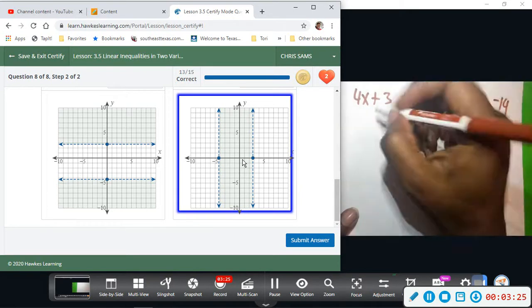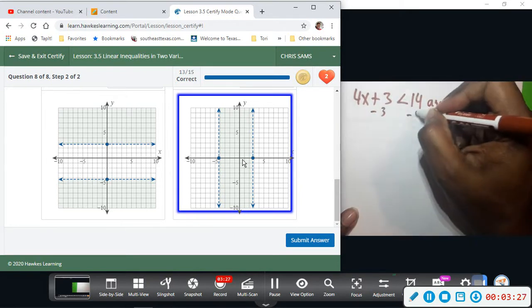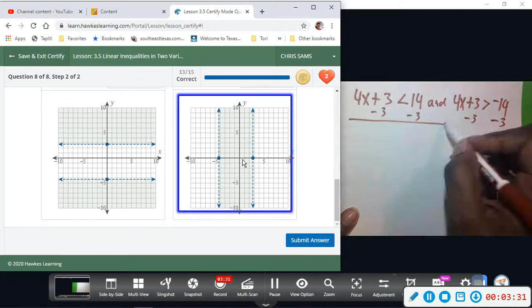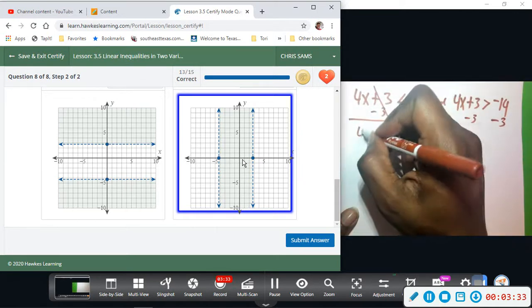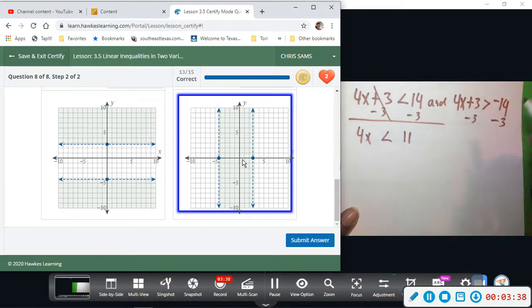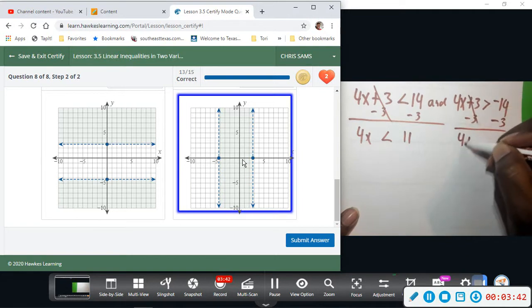You will subtract 3 from both sides. That will go away, bring down 4x less than 11, and then over here bring down 4x greater than negative 17.